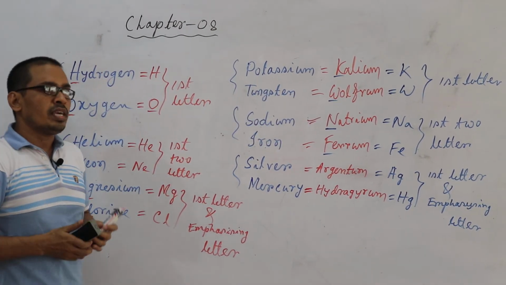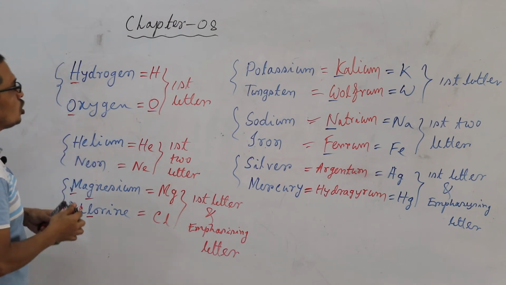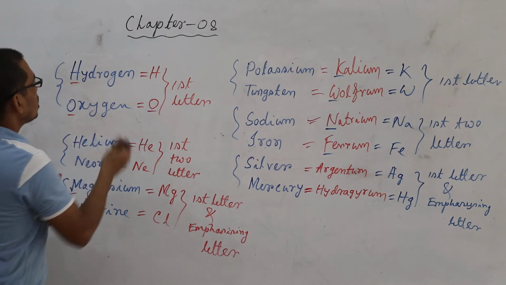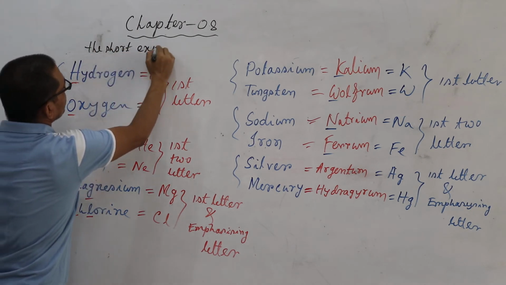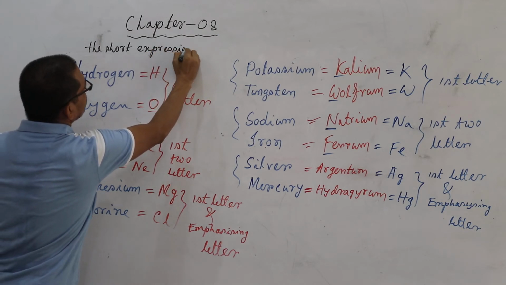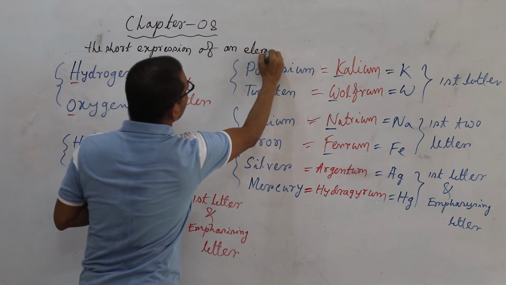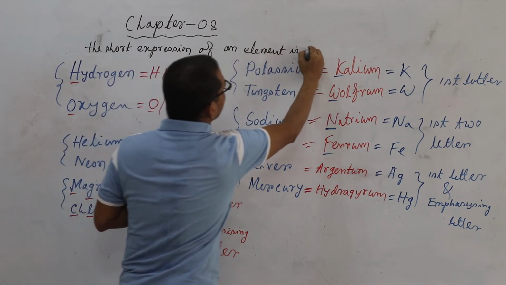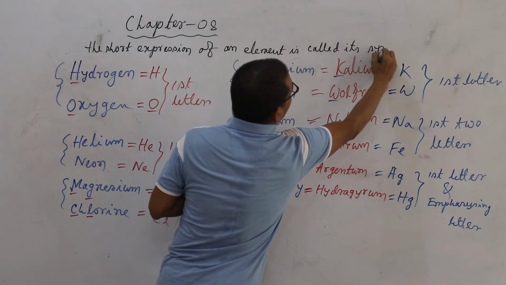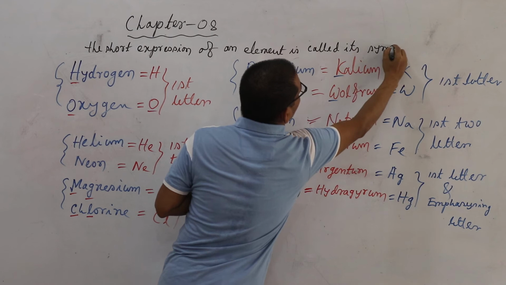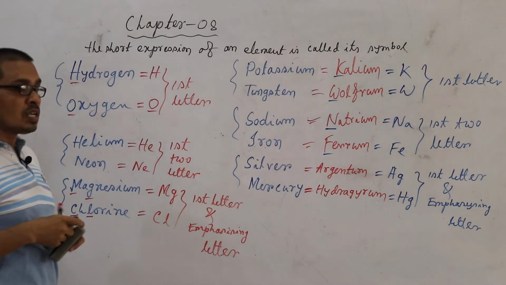So we can say that the short expression of an element is called its symbol. Clear? This is all about symbol.